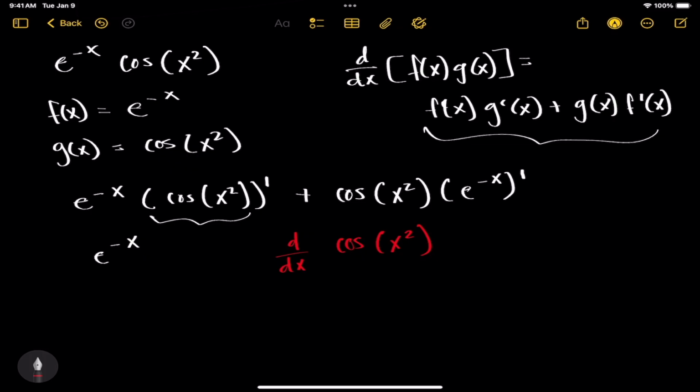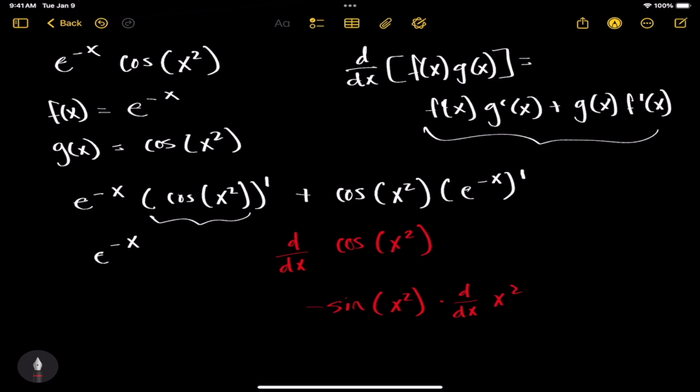We have to take the derivative of the outer function. The outer function is what's not inside the parentheses. So essentially what we're doing is just taking the derivative of cosine, and that is negative sine. Now we rewrite what was inside the parentheses, which was x squared, and then we have to take the derivative of what was inside the parentheses, which was x squared.